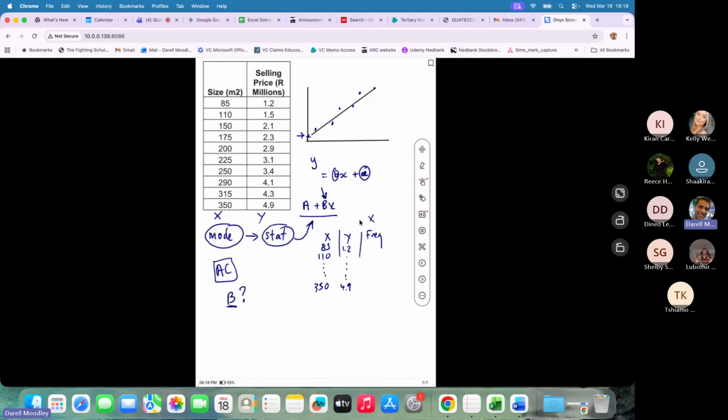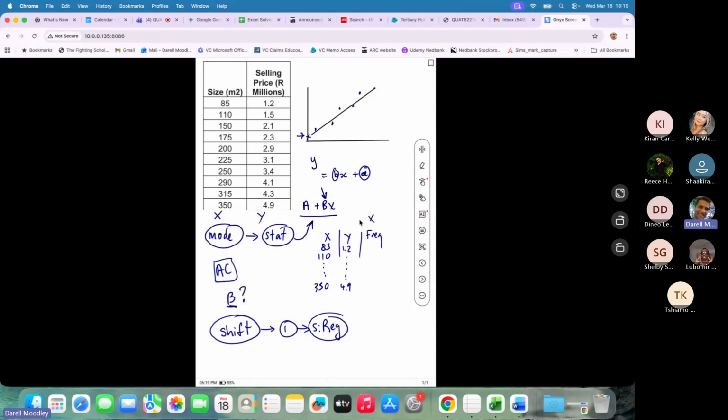What you're going to press first is Shift. Then you're going to press 1. You should see an option that says REG, regression. Select that option. If it's option 5, you press that.